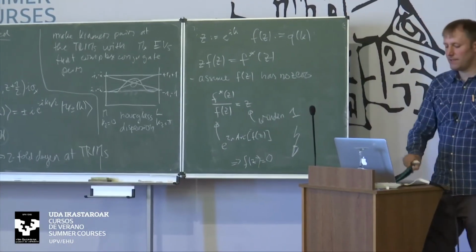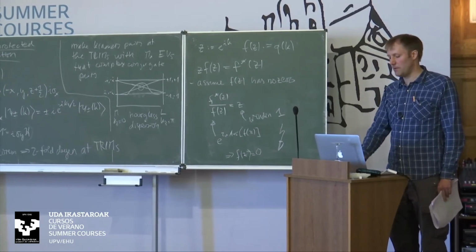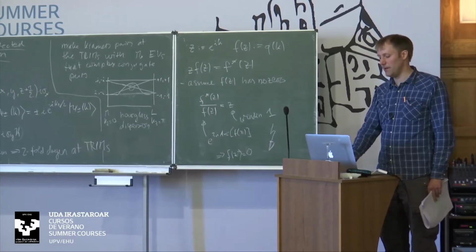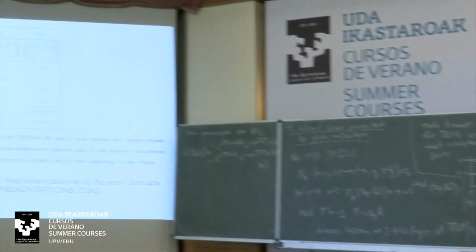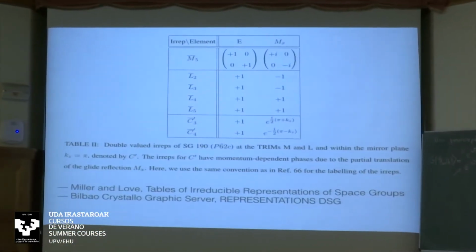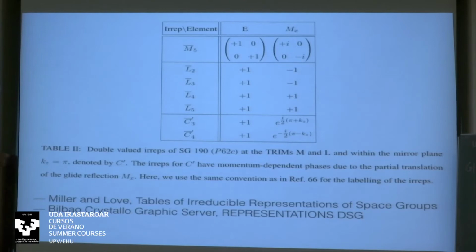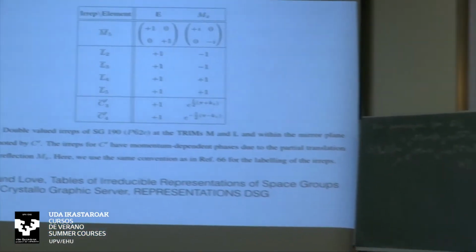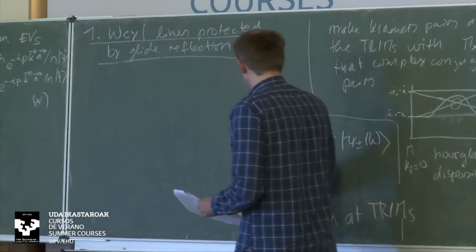Okay, but I think it's instructive now to give a second argument which connects to these compatibility relations, which probably you have heard about in the first week from Mois Aroyo and others. And so basically, one can arrive at the same conclusion by looking at these compatibility relations between irreducible representations at these time reversal invariant momenta and at a general momentum within the glide invariant plane.